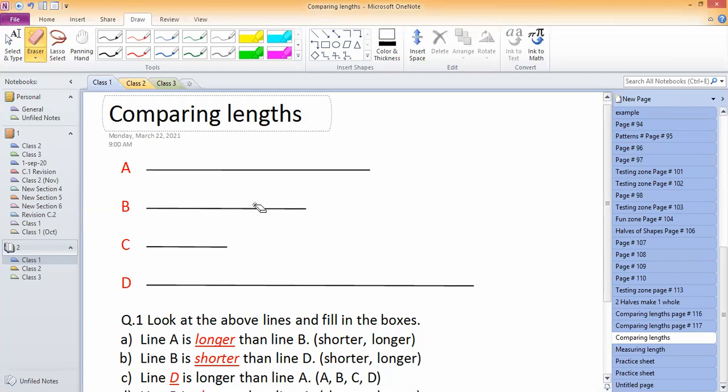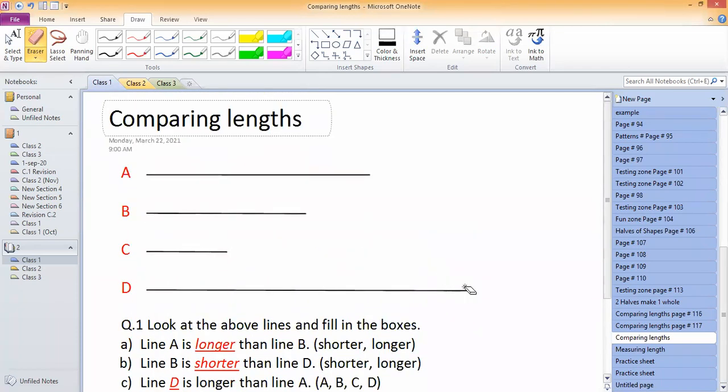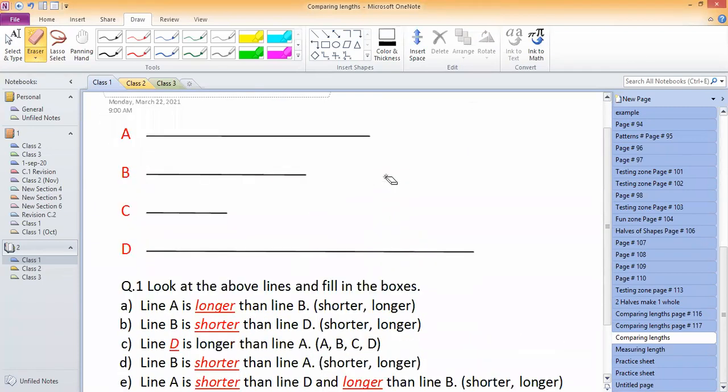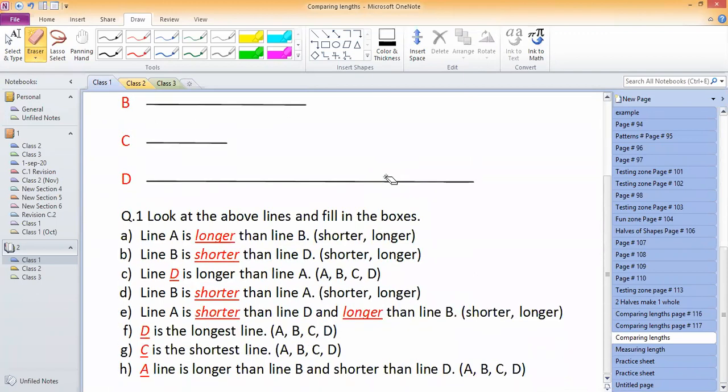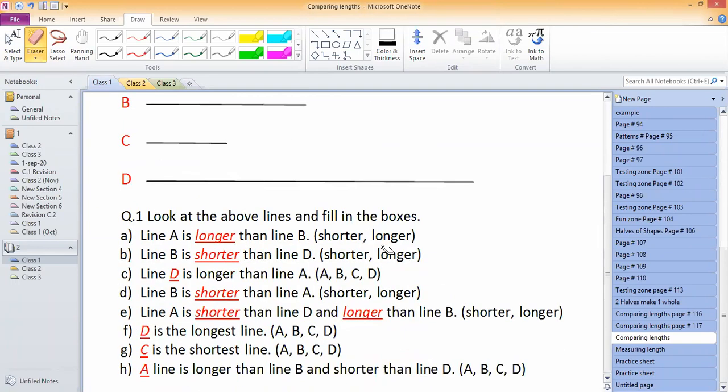Only two lines are longer than line B, A and D. Now read further: but shorter than line D. So this is line A. Longer than line B is A and D, but shorter than D means only A.